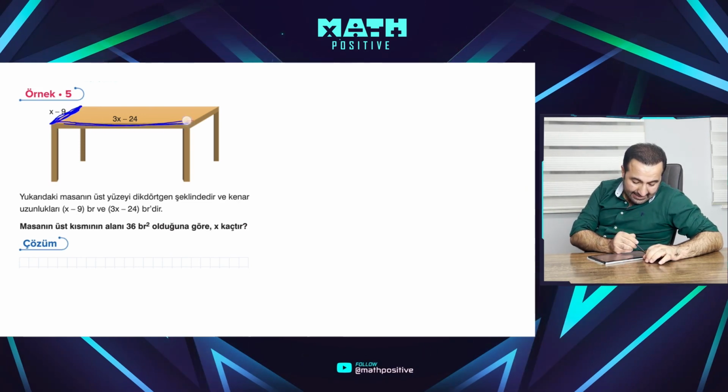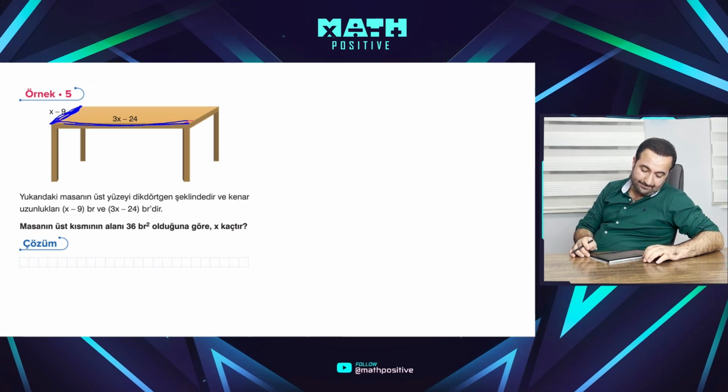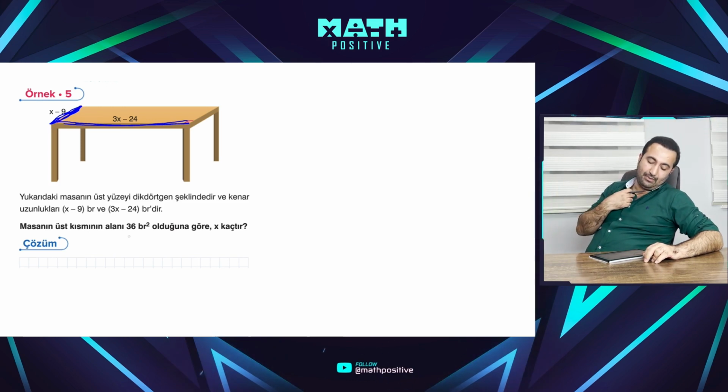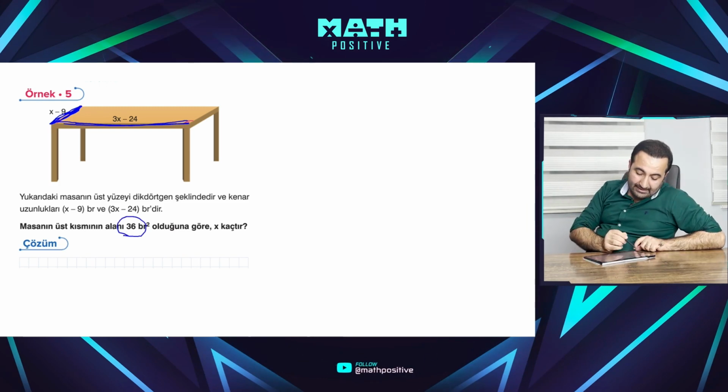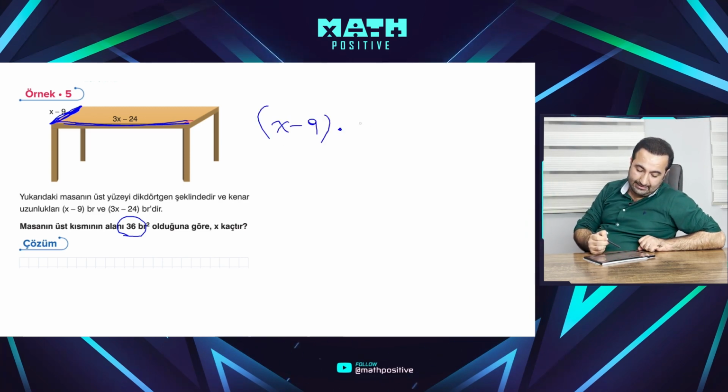The table has lengths x minus 9 and 3x minus 24, and the question says the area of this table is 36 units squared.